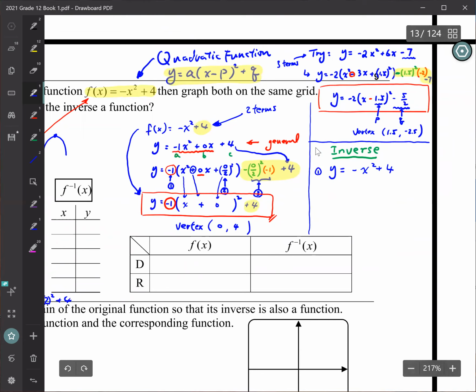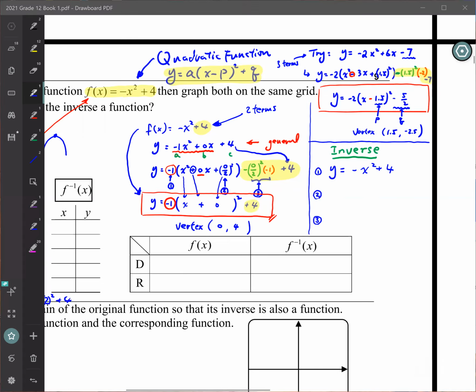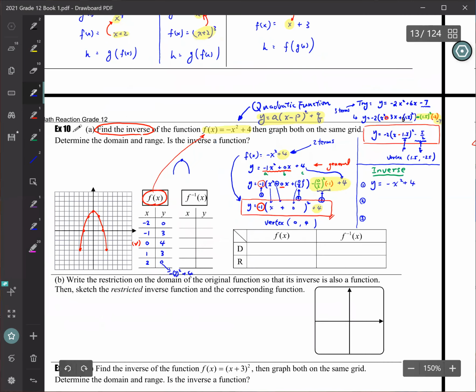And then step 2, switch x and y. Step 3, isolate y. I'll let you carry that out, 3 steps. Once you finish that, please raise your hand again. And then we're gonna use the green color to draw the graph.